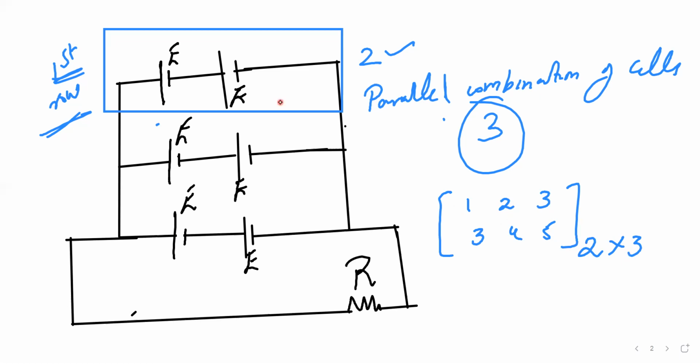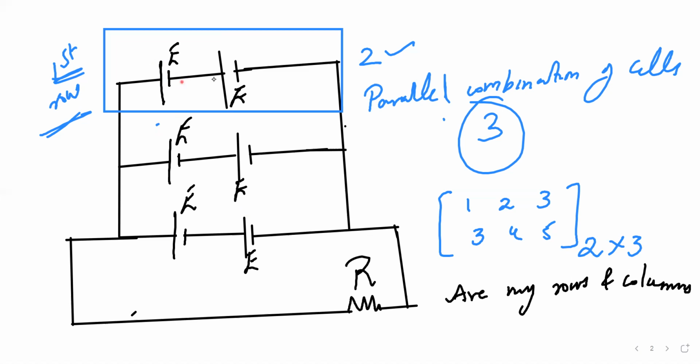Okay, so in this case, how many rows are there? 1, 2, and 3. How many columns are there? First column, second column. My next question is, are my rows and columns equal? In the sense, how many rows are here? 1, 2, and 3.